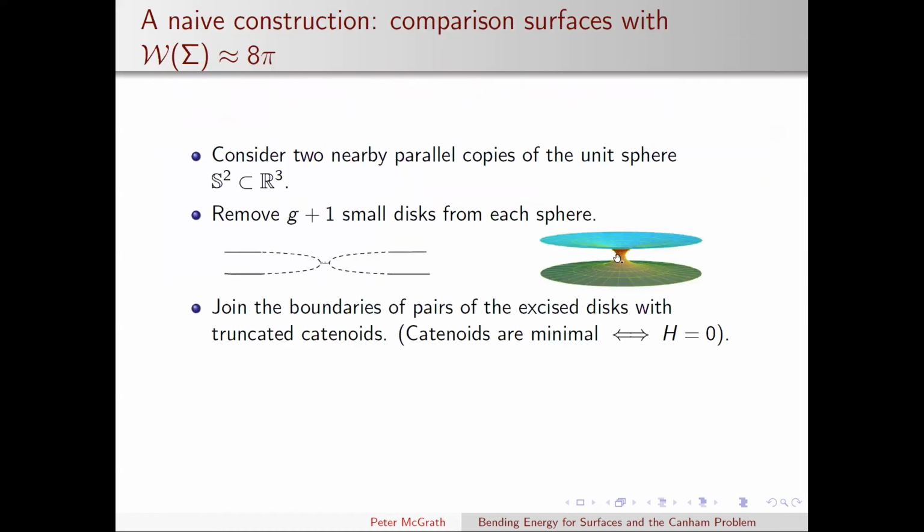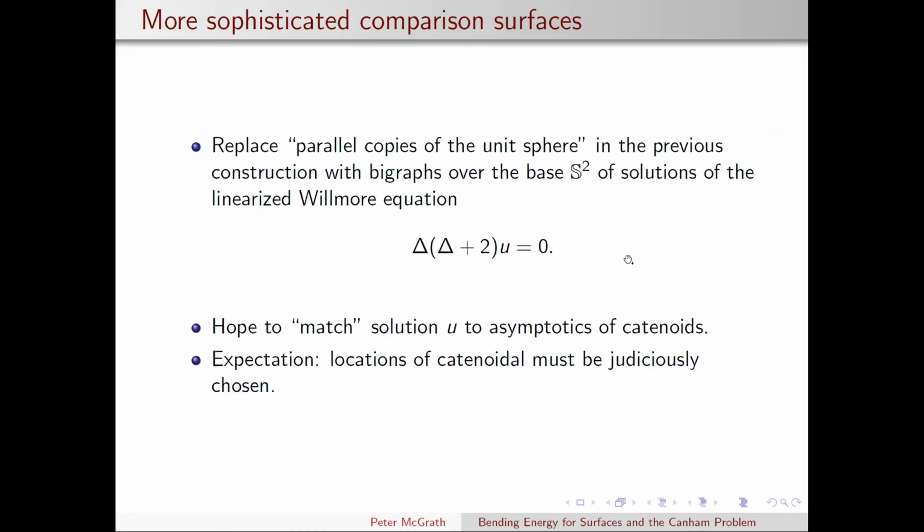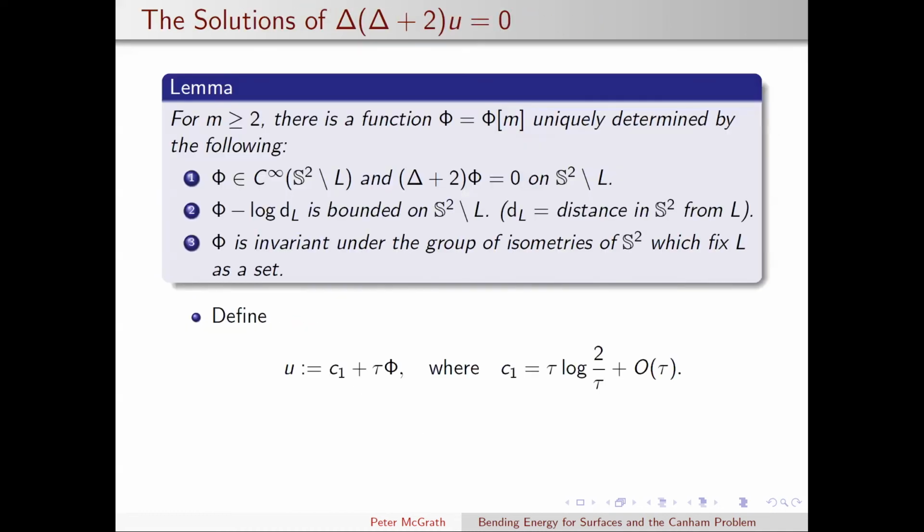So this is rotationally symmetric, and there's the smallest circle there that I call the waist, and the radius of that circle I will call tau. So if I want to glue in m catenoids of size tau, I will also add to this function a constant, and this constant is picked appropriately in a way that I'm not attempting to explain right here.